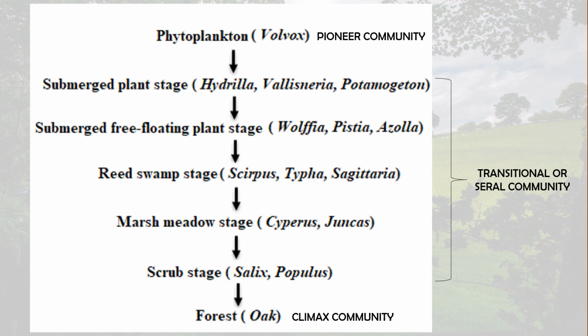Here, after the death of these phytoplanktons, silt also mixes with these dead bodies, so it produces a soft bottom of the pond, which gives rise to a new habitat for some rooted hydrophytes like Ceratophyllum, Hydrilla, Vallisneria, etc. These plants build up a substratum as a result of their death and decay, and the water level also decreases, making the pond shallower.